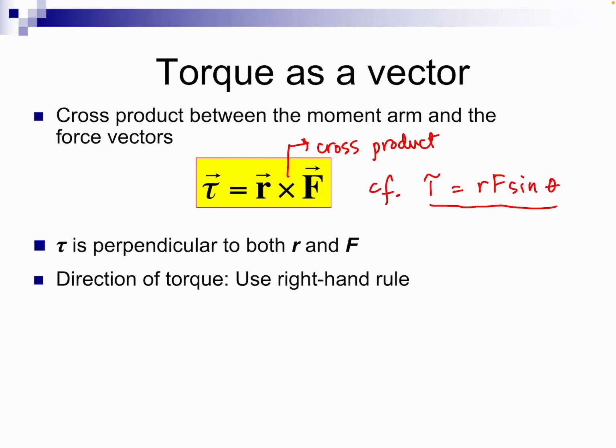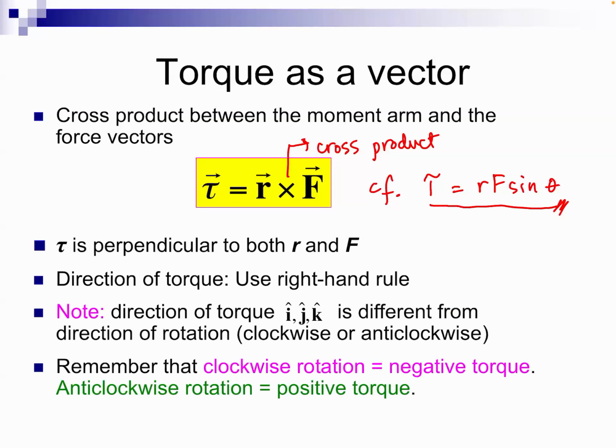This specialized definition, RF sine theta, is useful mostly in two-dimensional cases where we can easily get the perpendicular distance between the force and the moment arm, like we've always done. But if we want to consider three-dimensional problems, this cross-product definition of torque gives us a more powerful way of solving torques.